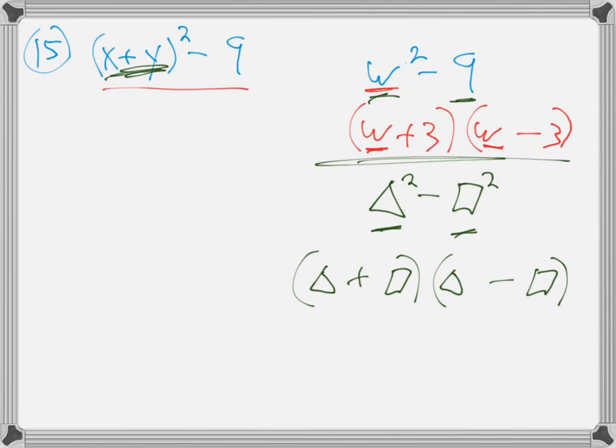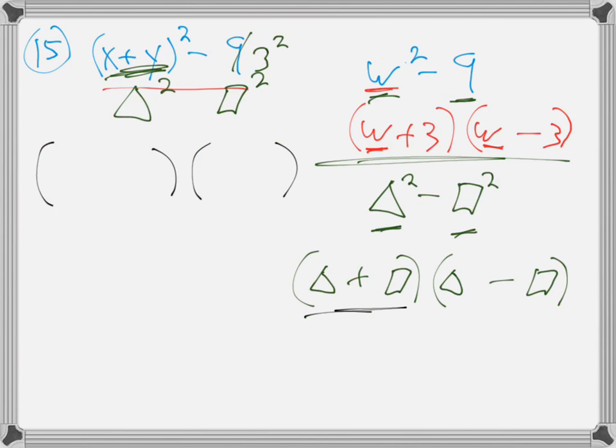That's the essential pattern. Do you see it now? This is a big old triangle with a 2 on it, x plus y squared, and this is a box with a 2. How is it? It's 3 squared. That's what that really is, huh? 9 is 3 squared. So what does that mean? Well, that means you follow the pattern. You put two parentheses, and you put in the left of each one the thing without its 2 power.